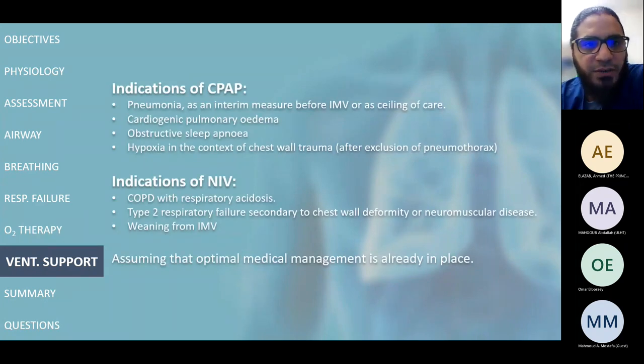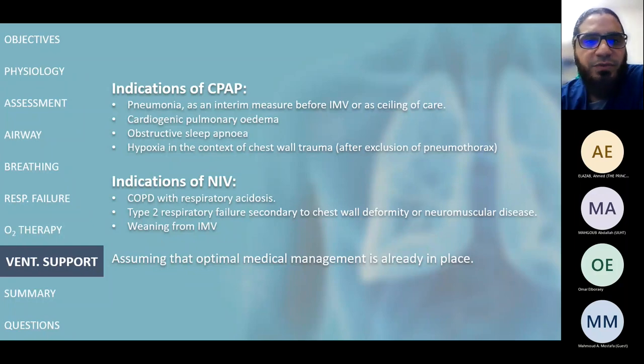So what are the indications for each of these? CPAP is mainly to improve the oxygenation. It doesn't support the ventilation much. So you have a patient who is hypoxic, but he's still breathing, and he's still able to maintain his own breathing.